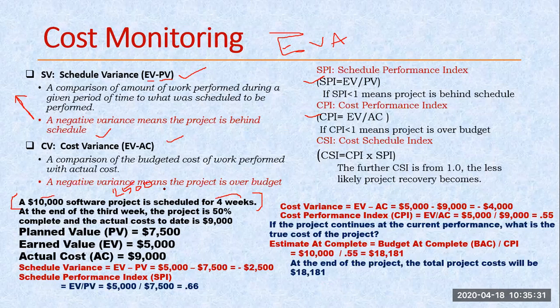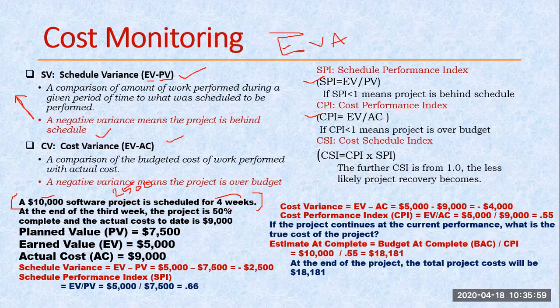Okay, sir. So right now this 10,000 is given to me and the duration is 4 weeks. So I have already calculated. Now it shows the scenario. So what is the scenario? This is the end of the 3rd week. So what do you mean by this? 3 weeks have already passed. But how much job have I done? Only 50%. So as per my plan, I have to spend how much? 3 weeks means 3 into 2,500, that is 7,500.